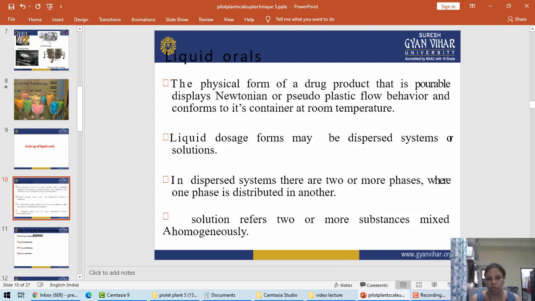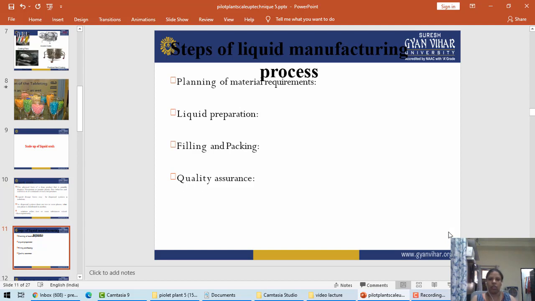Solution refers to two or more substances mixed homogeneously. So that is the liquid oral. Basically, if the formulation has a pourable consistency, it is known as liquid orals. The next thing is that it should be homogeneous.